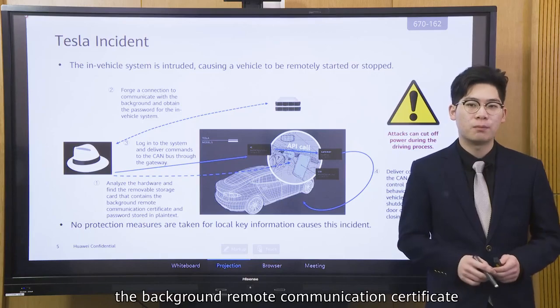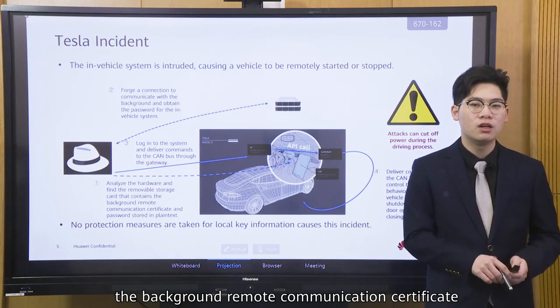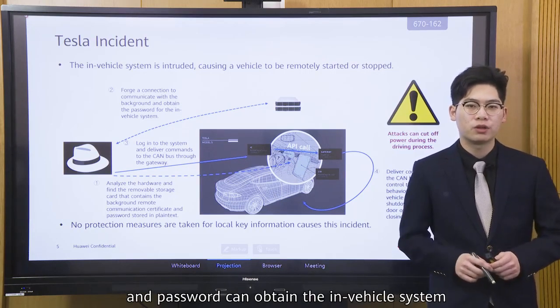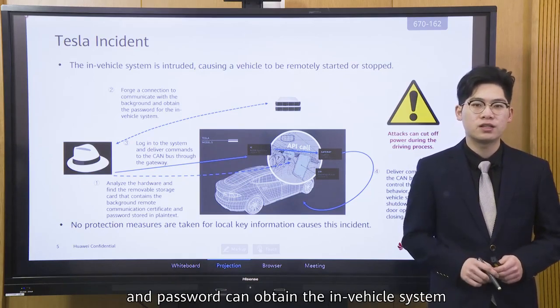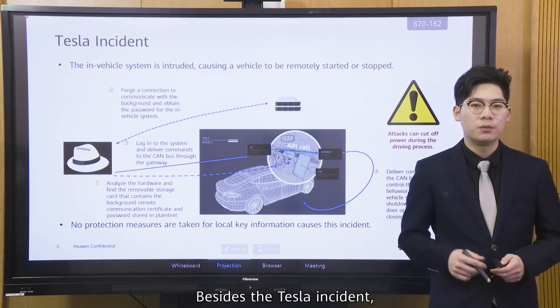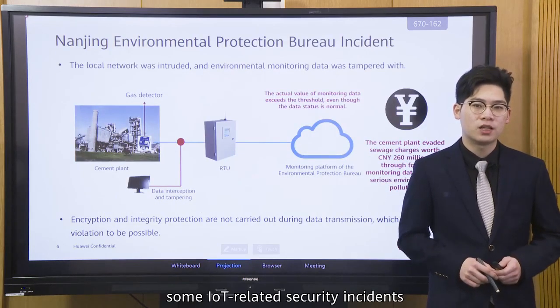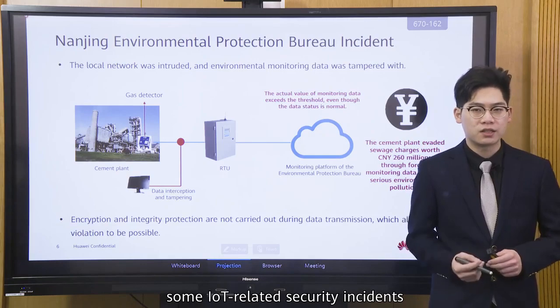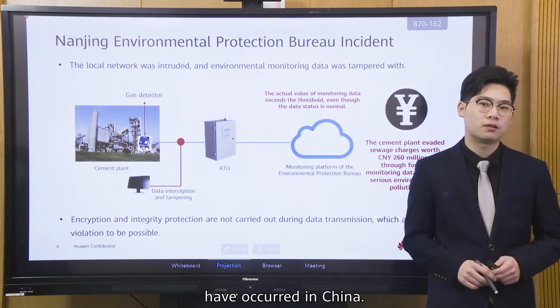Anyone who knows the background remote communication certificate and password can obtain the in-vehicle system login password to control the vehicle. Besides the Tesla incident, some IoT-related security incidents have occurred in China.